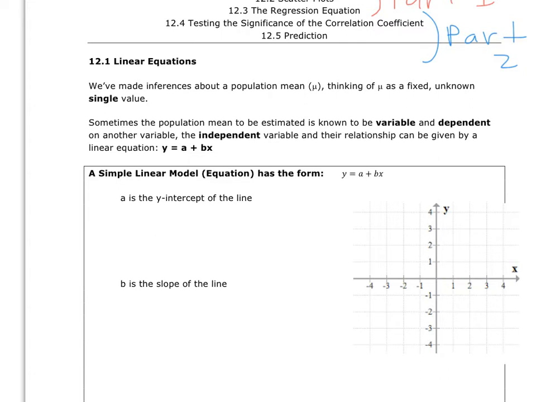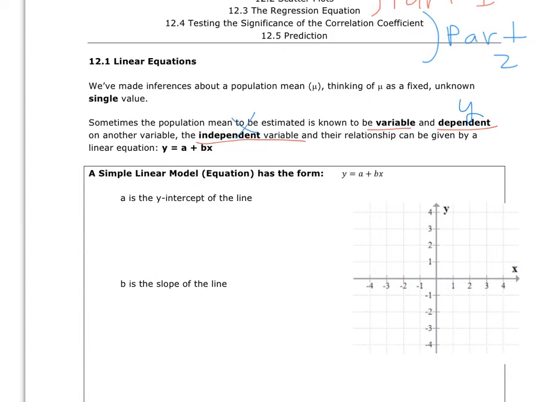So another way to put that is sometimes the population mean to be estimated is known to be variable and dependent on some other variable, which we call the independent variable. And we can write down the relationship between those two things as a linear equation, right? Where y is the dependent variable and x is the independent variable.